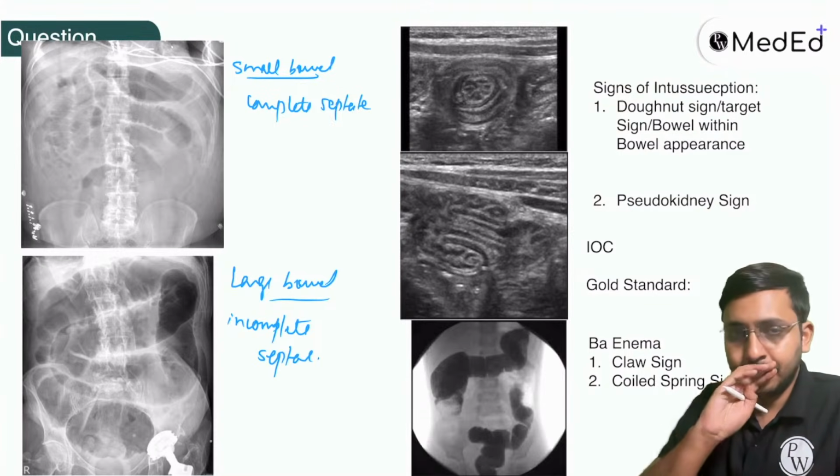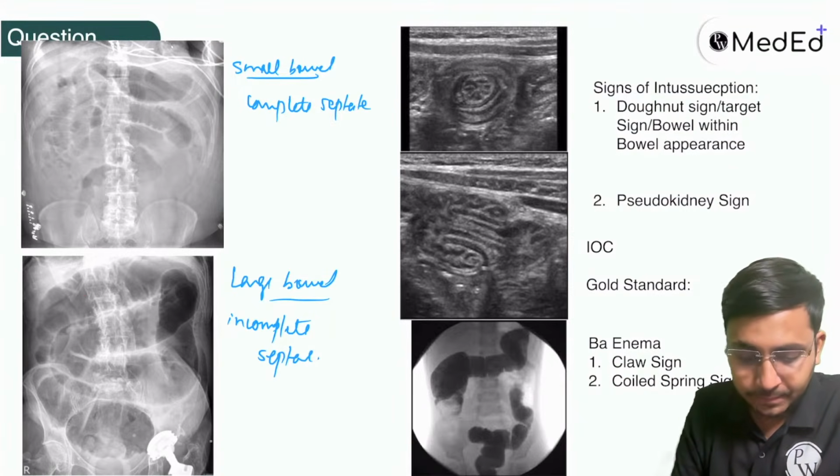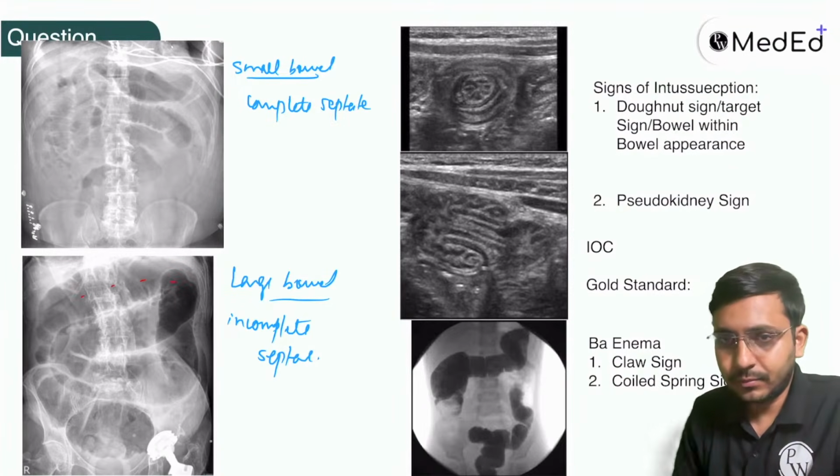Right second small bowel loops are central in location large bowel loops are peripheral in location. Simple, all of you know this.